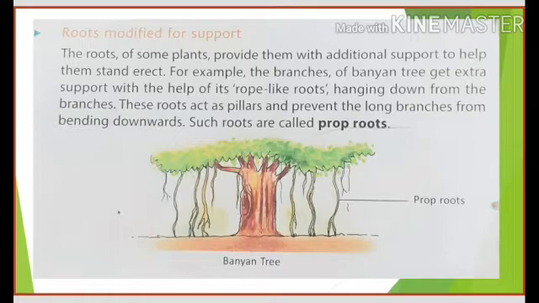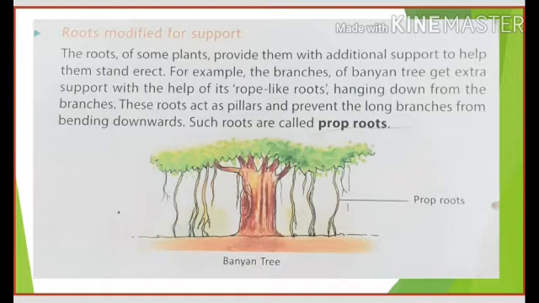To support these branches, something is required, and God made a provision of giving a long root that arises from the branches and reaches up to the ground. These roots are actually to support the broadly spread branches. So, dear students, the name of these roots is prop roots.